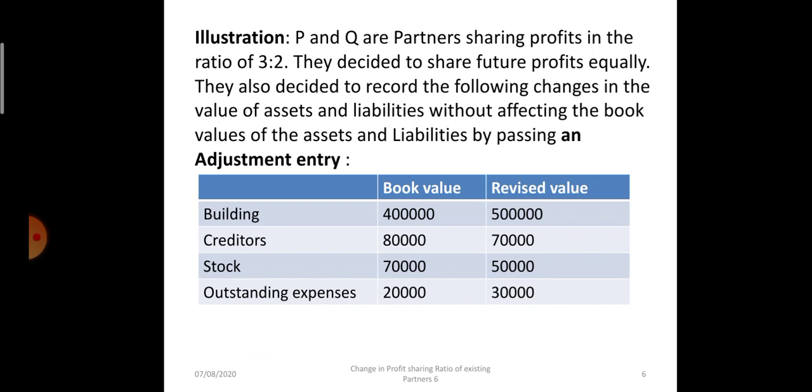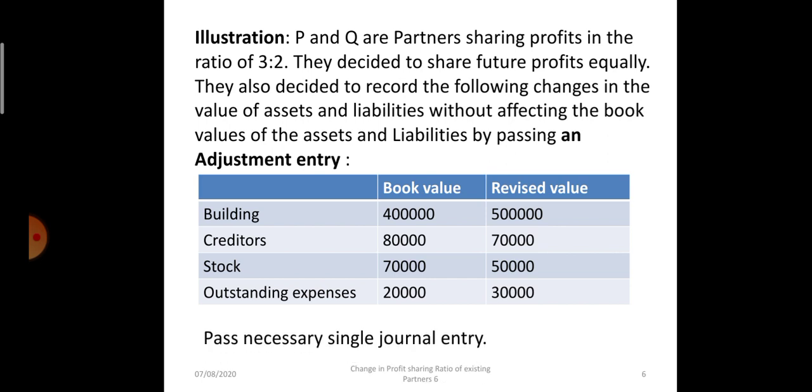Now see, the building's book value is 4 lakh and revised value is 5 lakh rupees. Creditors, it's 80,000 and then it has reduced to 70,000. Stock, from 70 it has reduced to 50, and in case of outstanding expenses, from 20 it has increased to 30,000.